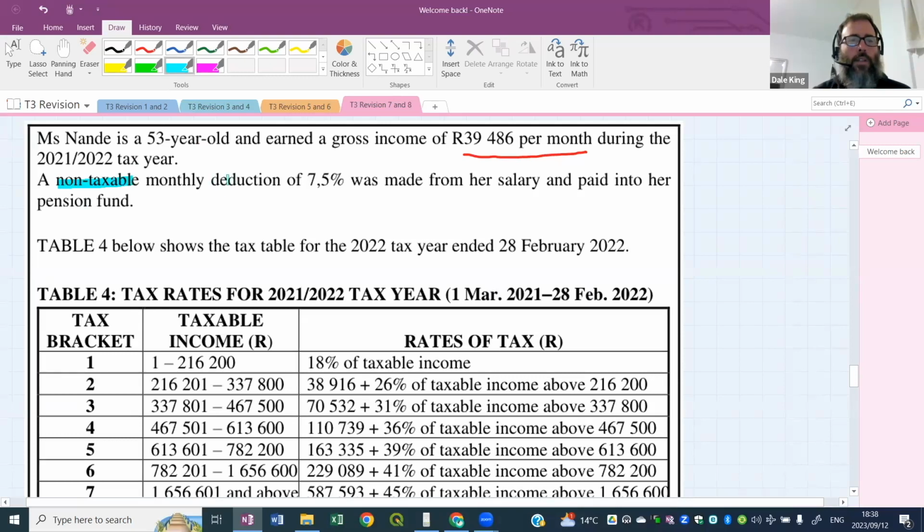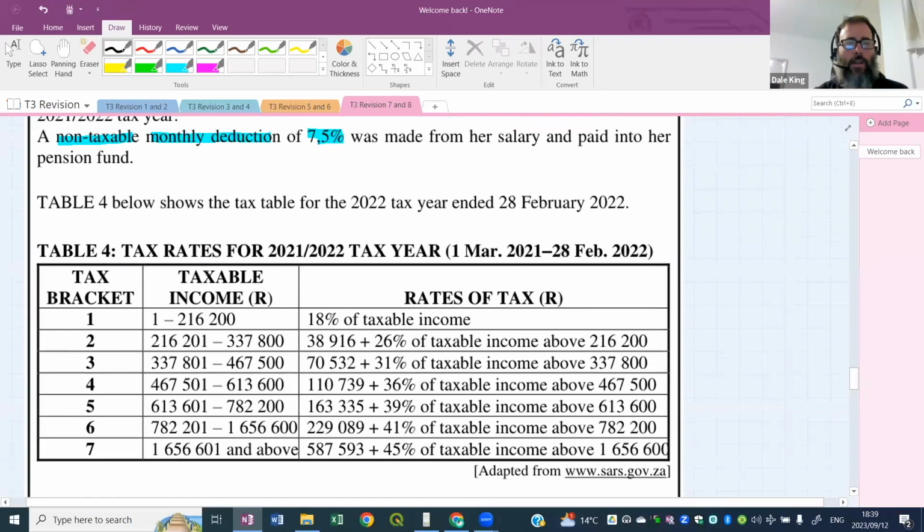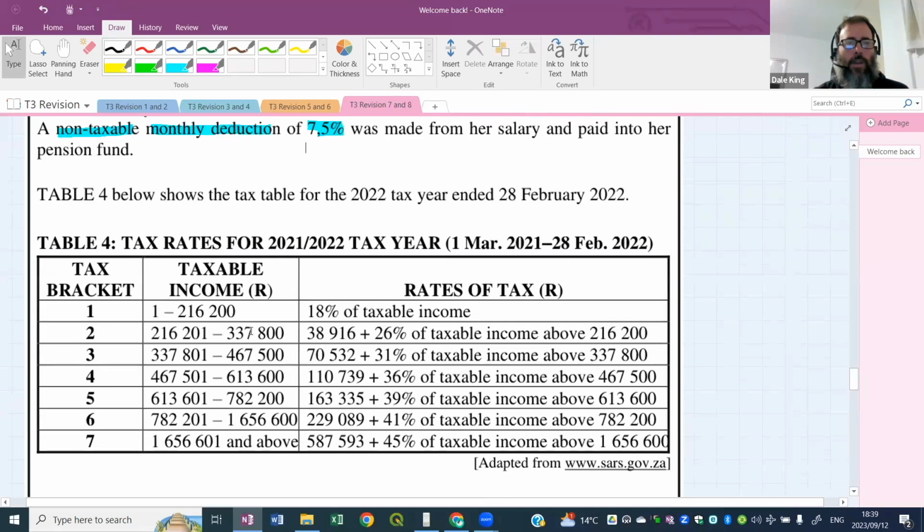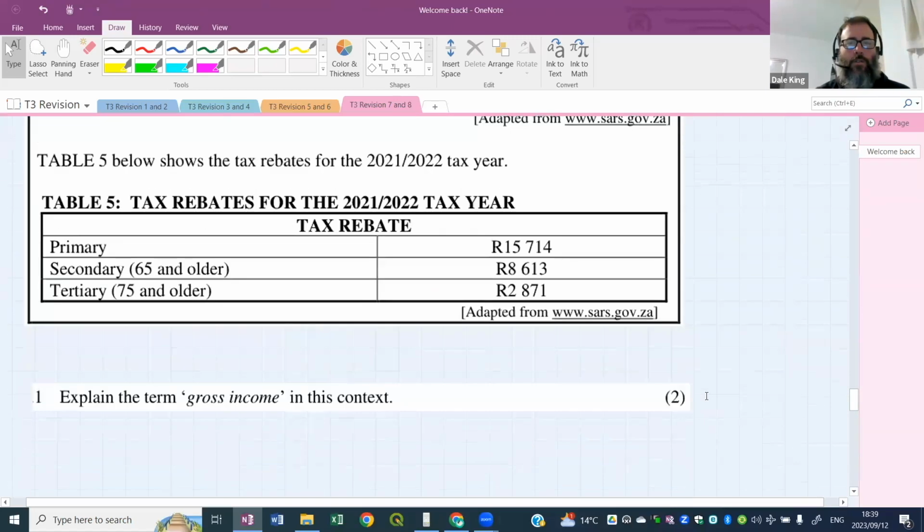All right, so that must not be taxed. It's non-taxable. It must not form part of this calculation. Table 4 below shows the tax table. We can see it's very similar, except for the numbers over here, a little bit different. The percentages seem all the same. All right. What are the questions? Let's see. There's the rebate table at the bottom as well.